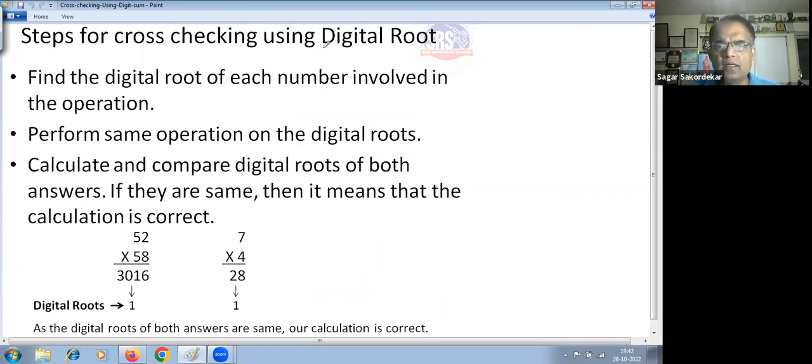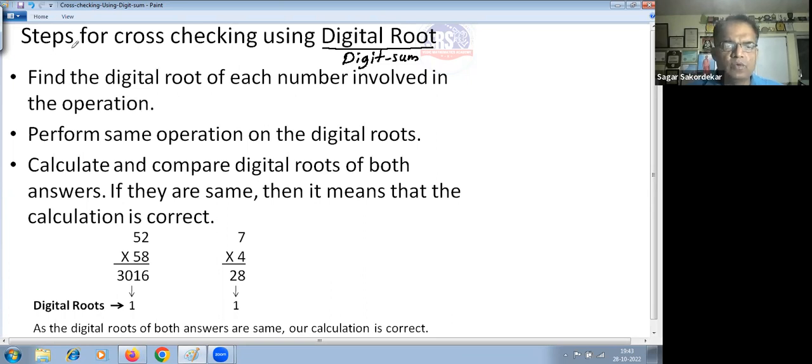Now, note that digital root is another name for digit sum. Okay, so digit sum and digital root refer to the same thing.